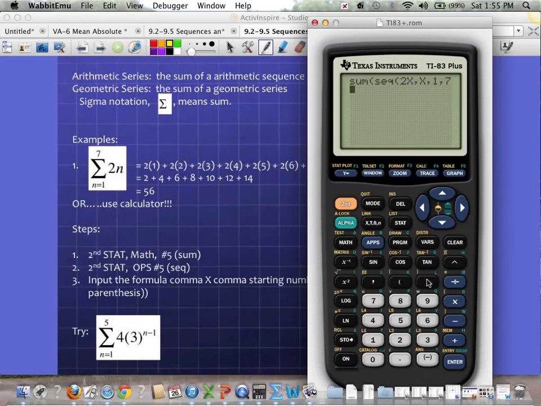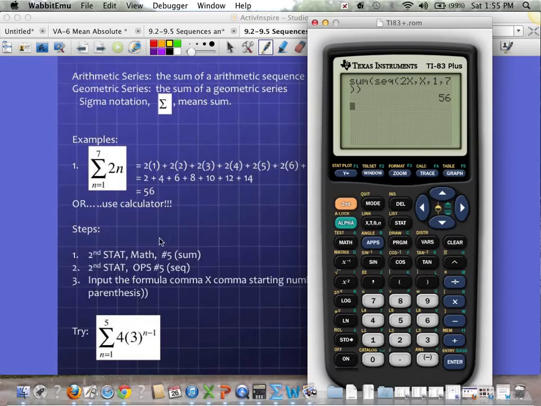And you got to make sure you have all the parentheses. If I have 2 parentheses going this direction, I have to have 2 parentheses going that direction, or it will give you an error. So I have 2 going this way and 2 going that way, and hit enter. And there you go, 56. A lot quicker than doing all this.